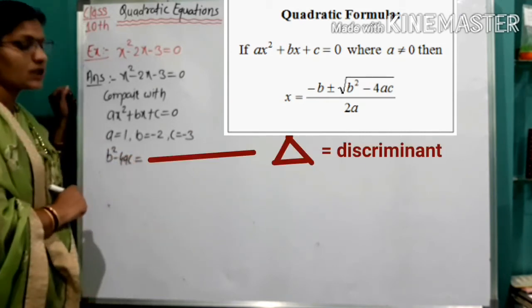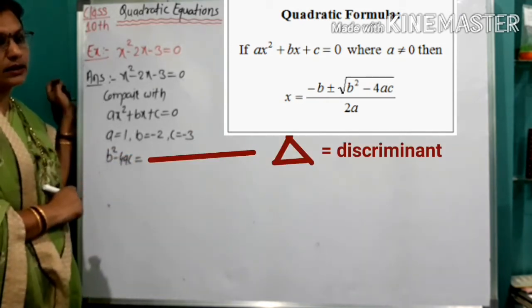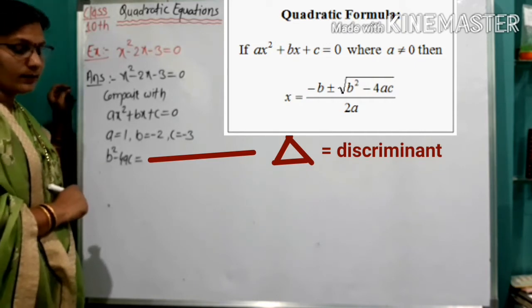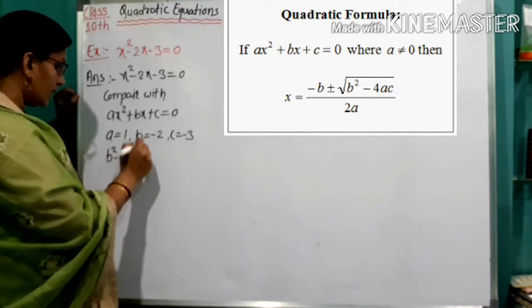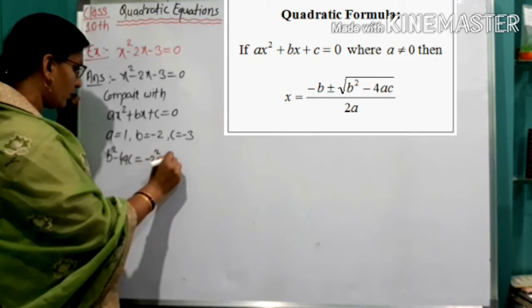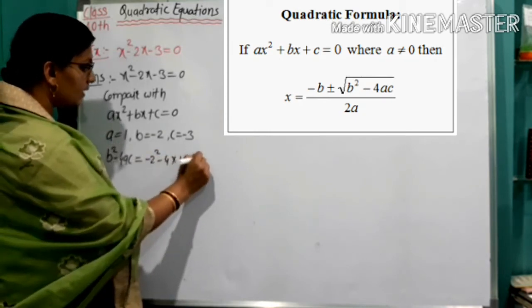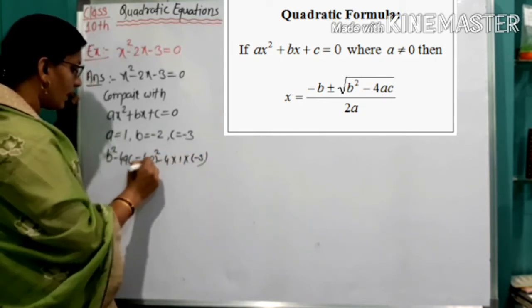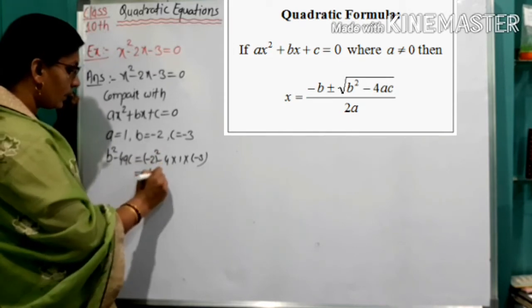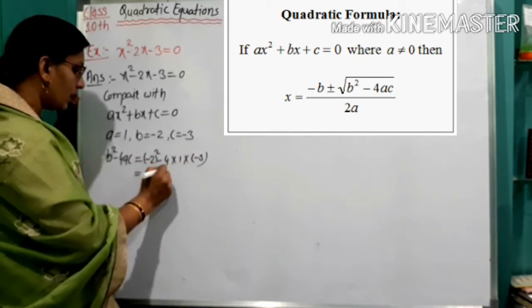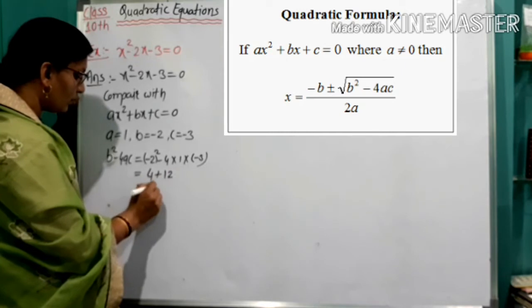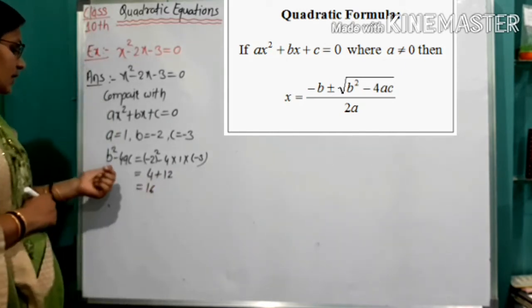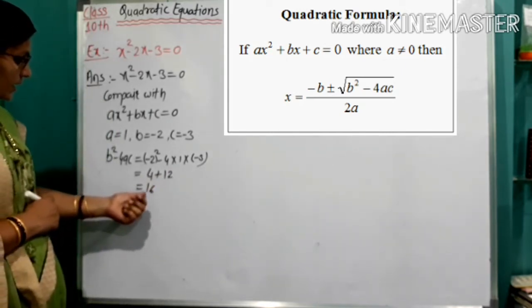This b square minus 4ac is called the discriminant, denoted by delta. Then put the values: minus 2 square minus 4 into 1 into minus 3. We have minus 2 square is 4, minus minus plus 4 into 3 is 12, equal to 16. Therefore the value of b square minus 4ac is 16.